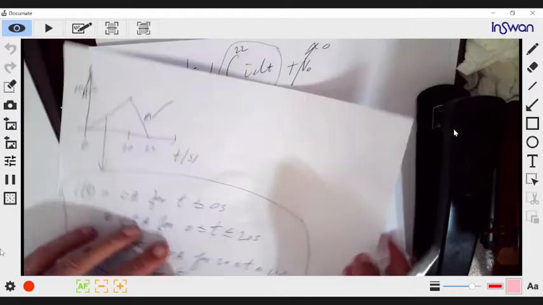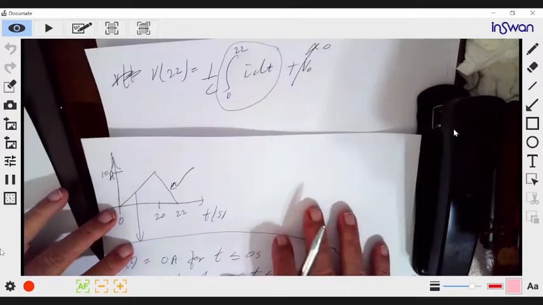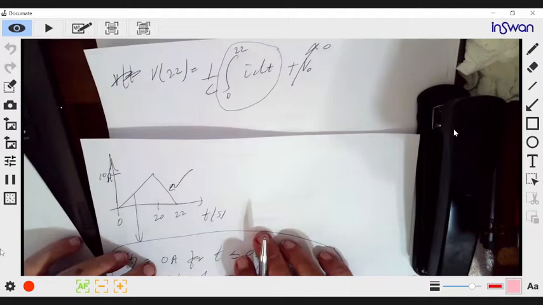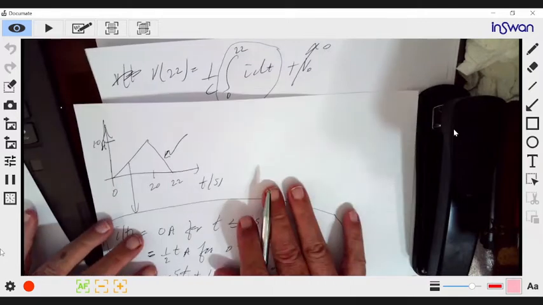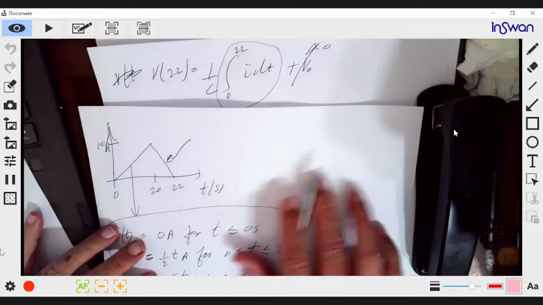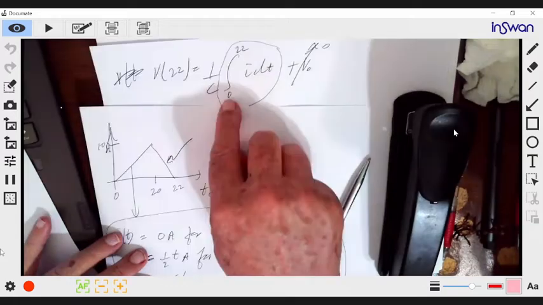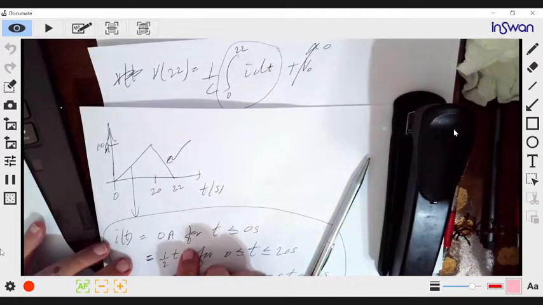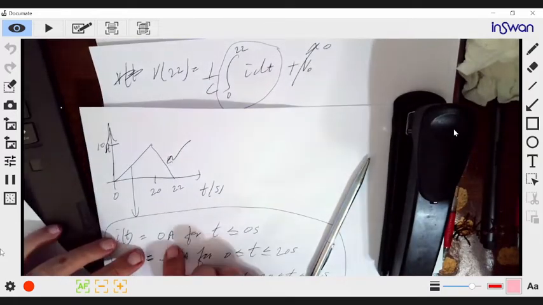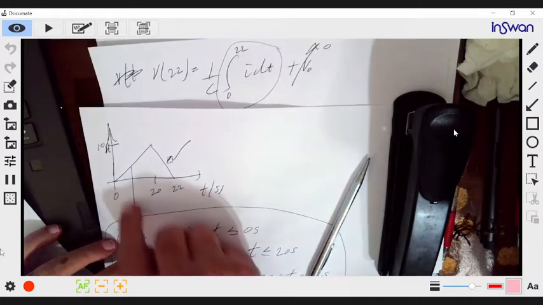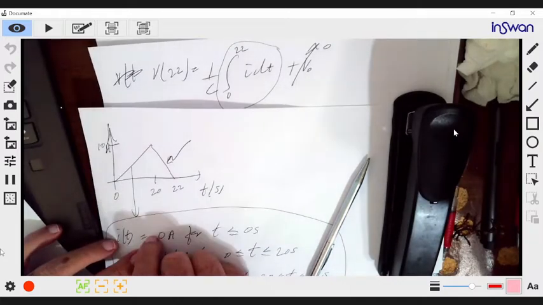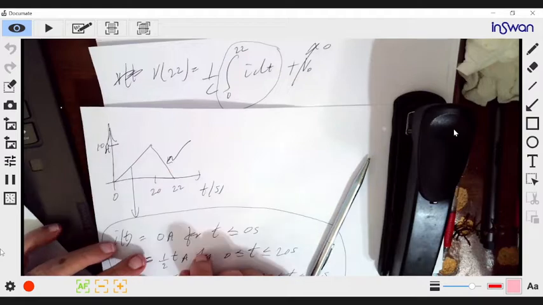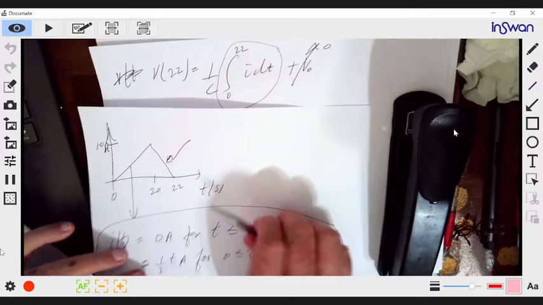Look at I of t. What do you notice about the I of t over 0 to 22? It's 2 different functions. So you got to integrate one function from 0 to 20 and another function from 20 to 22. So you split this integral into 2.